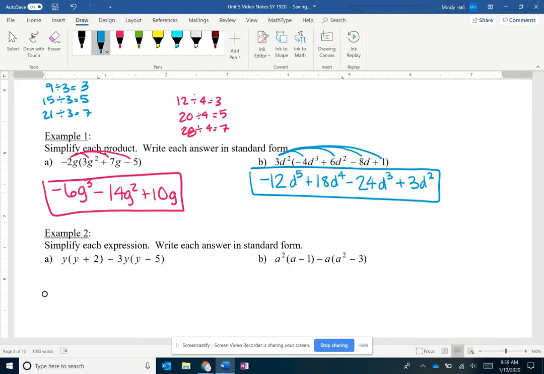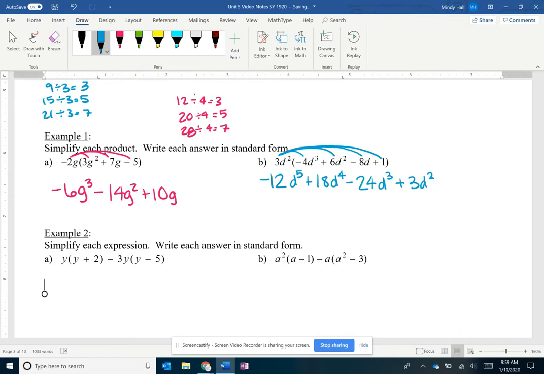Now, I will say, technically, to simplify these, you need to also take out a greatest common factor. And so I'm actually going to take this a step farther. Notice with these 12, 18, 24, 3, all of them I can take out a 3. But since this first term is a negative, we don't really like that, so we're going to take out a negative 3.